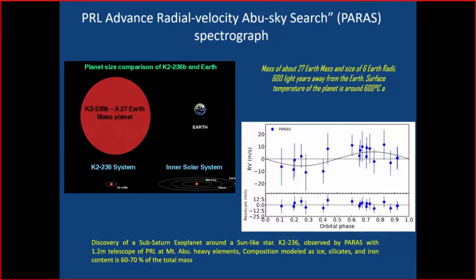They used the radial velocity technique, in which, if the star is of relatively low mass, its velocity with respect to the observer changes due to the movement of the planet, and that gives a Doppler shift in the spectral emission. These techniques are used to find exoplanets. So ISRO's PRL has also found an exoplanet.